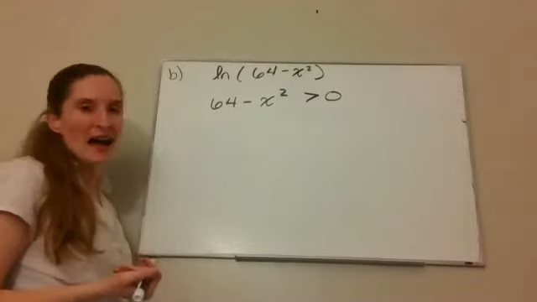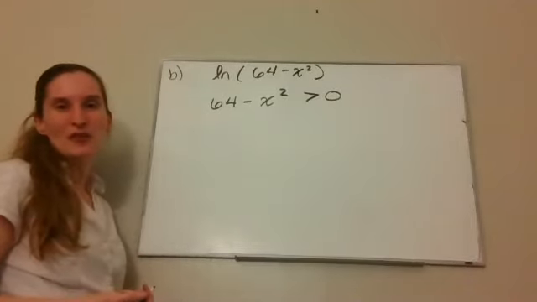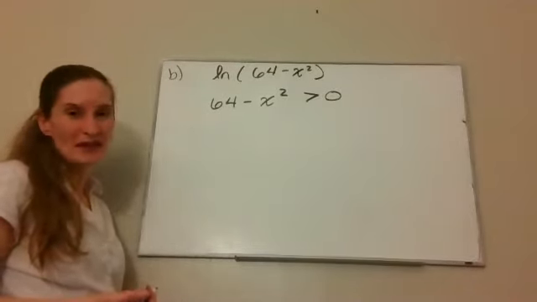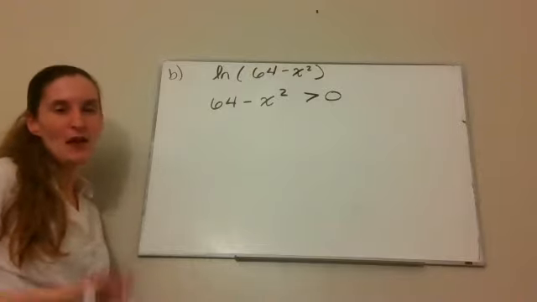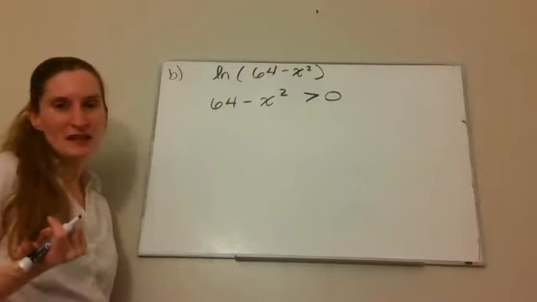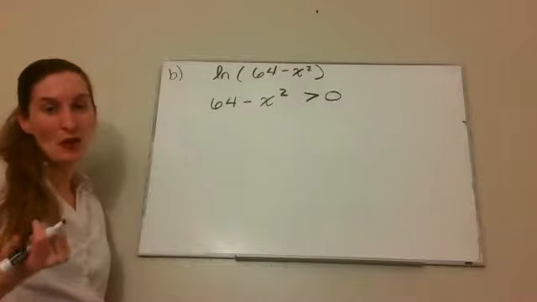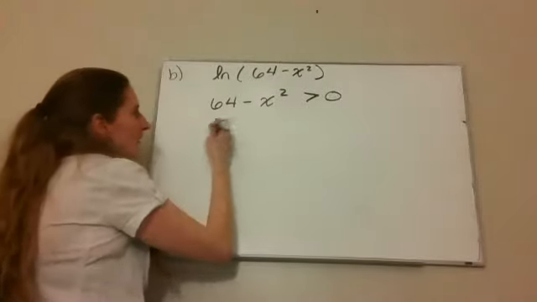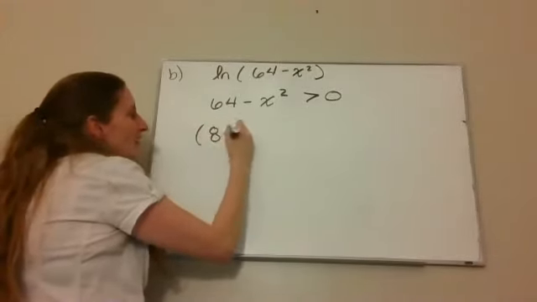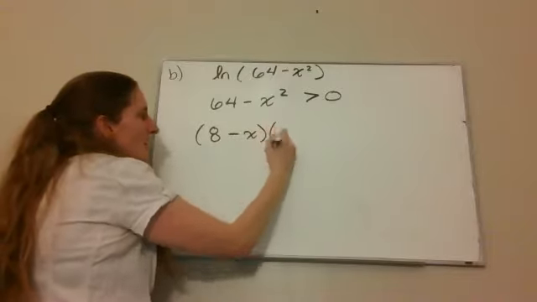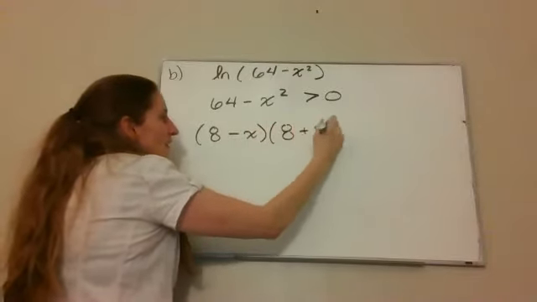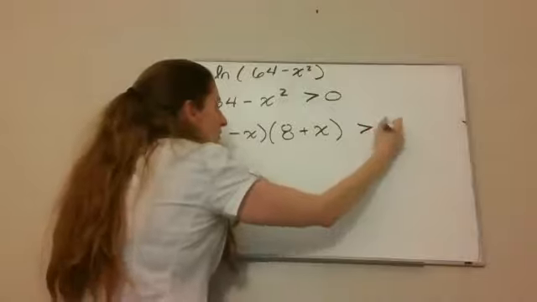And the way I like to solve these is first I pretend it's equal to 0, and then I test things on a number line. So I'm going to treat this like it's equal to 0 for now, and I'm going to start by factoring. 64 minus x squared is the same thing as 8 minus x times 8 plus x. I want this to be bigger than 0.